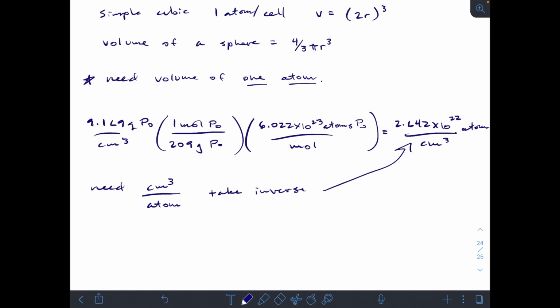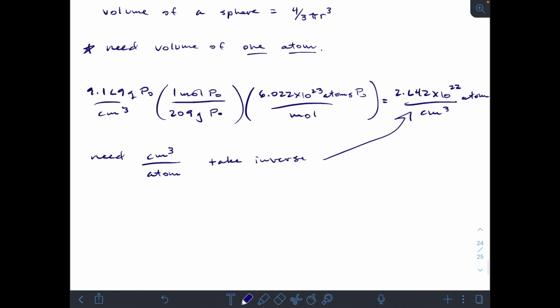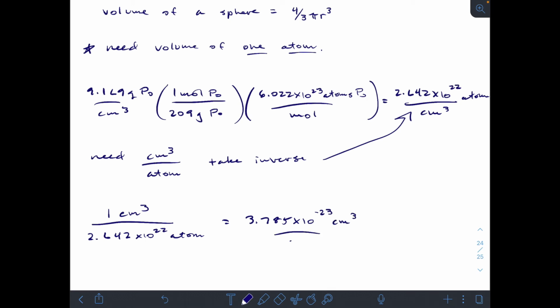So if I just take 1 over that 2.642 times 10 to the 22, what I get is for every 1 centimeter cubed, 2.642 times 10 to the 22 atoms, which equals 3.785 times 10 to the minus 23 cubic centimeters per atom.